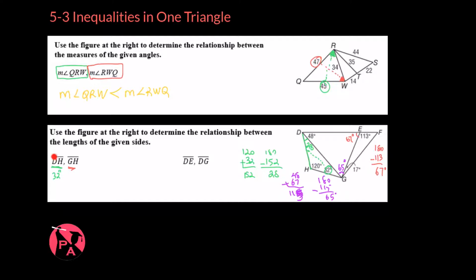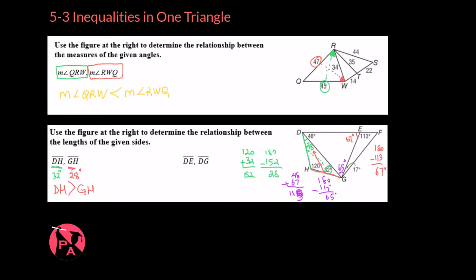This is not the measure of the side, it's the measure of the angle opposite this side, but they are kind of related. So let's move on to the side GH. It's right here, and the side across from this is the one at the top right here, 28 degrees. I think right now it is easy to compare them. So the length of DH is going to be greater than the length of GH.